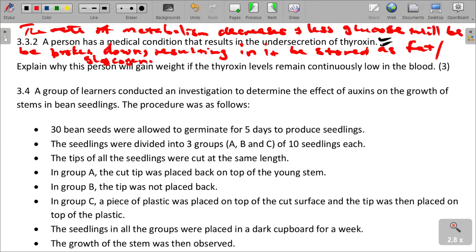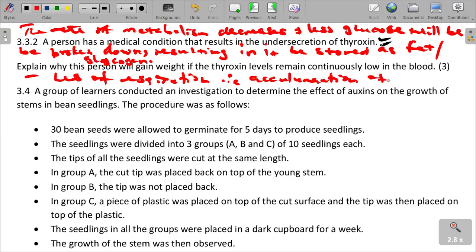So the person will continuously gain weight, because we are saying the person will gain weight if the thyroxine level remains continuously low, because there is less metabolism, due to less respiration, and therefore resulting in accumulation of what?